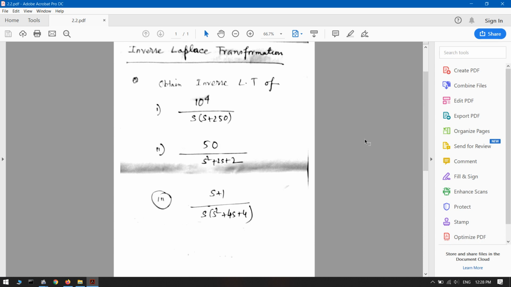So ultimately we have got the equation F(s) equal to 25j by s plus 1 plus j minus 25j by s plus 1 minus j. Now what will be f(t), the small f of t in the time domain?